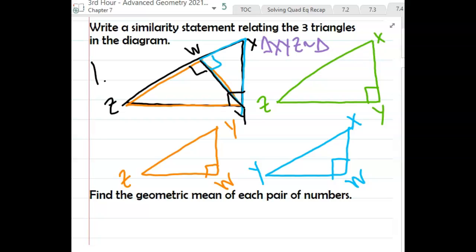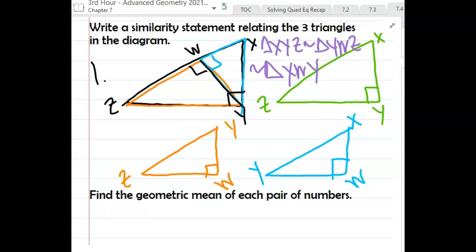Since I wrote out my triangles this way, we're just going to name them all the same way. So this one would be triangle YWZ, similar to, and we do the same thing with the last triangle: XWY. You'll have a couple of those.